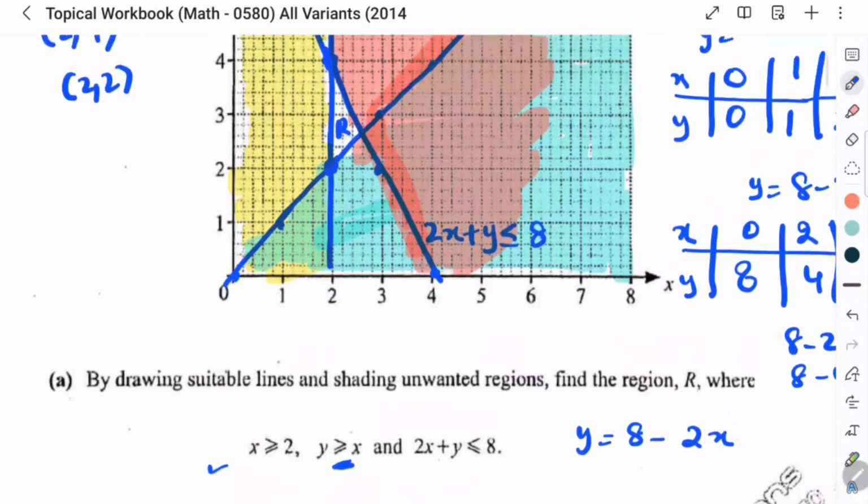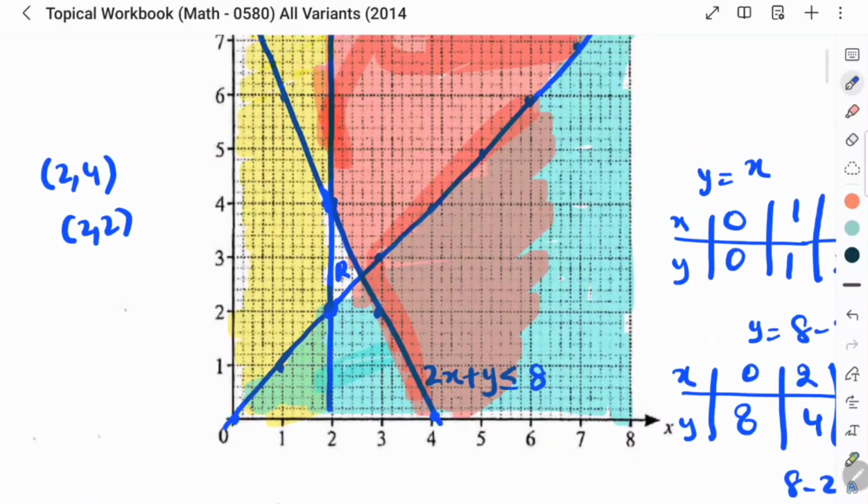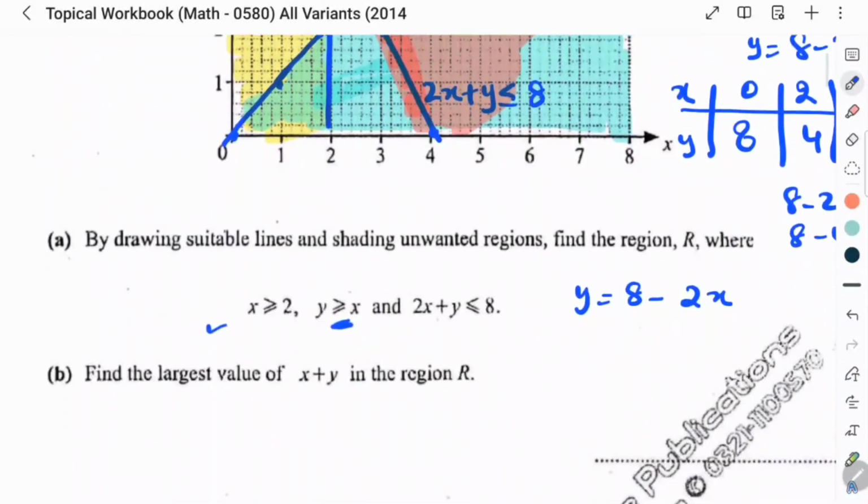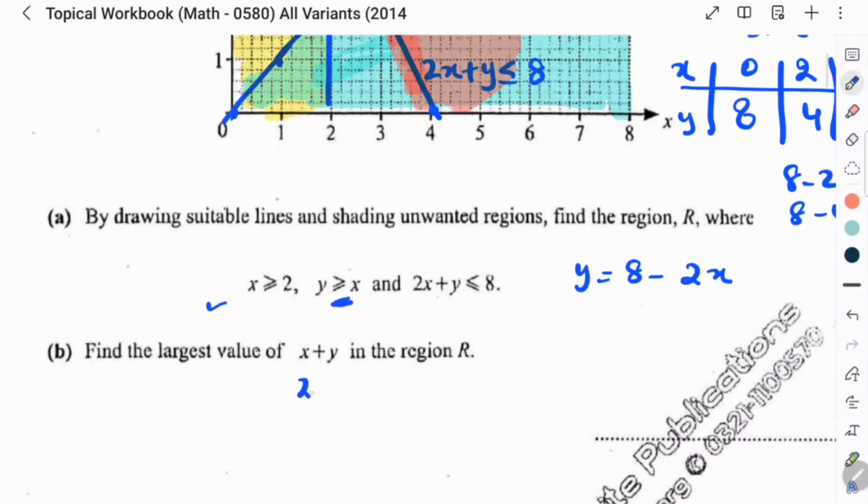And the largest value of x plus y in the region, obviously, is at 2 and 4. So x plus y is 2 plus 4. You took the coordinates 2, 4, which is giving you the largest answer. So 2 plus 4 is equal to 6. 6 is the largest value in the region.